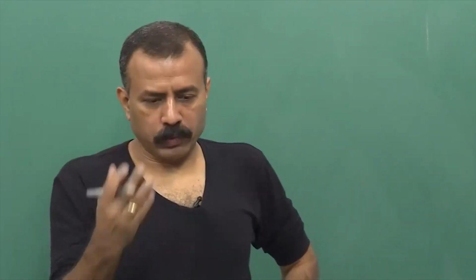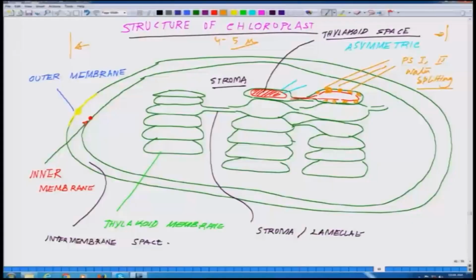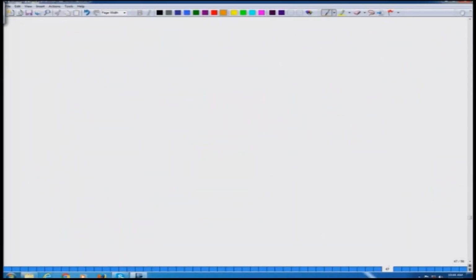Okay. So, this is the overall architecture which I want you guys to keep in mind. And if you want to know the composition of it, the composition is something like this. They have nearly equal amounts of lipids and proteins.